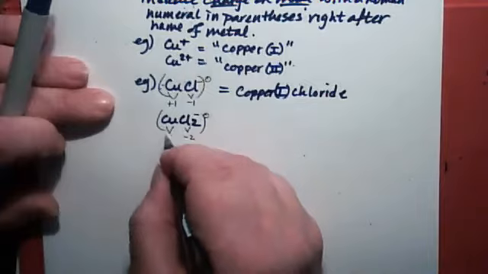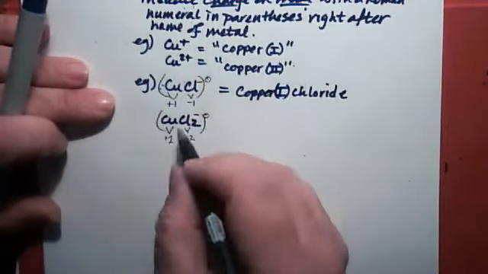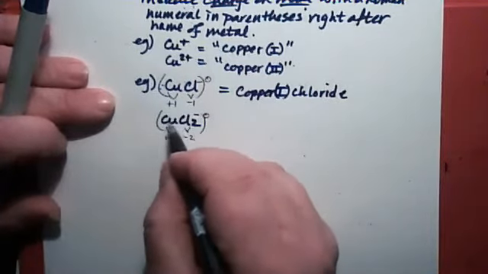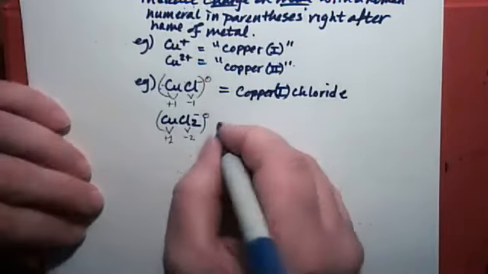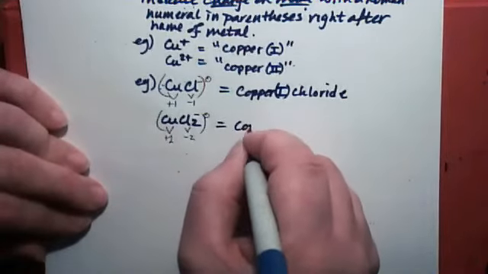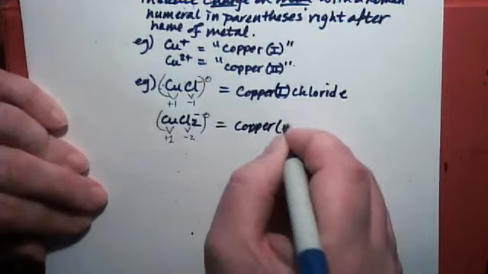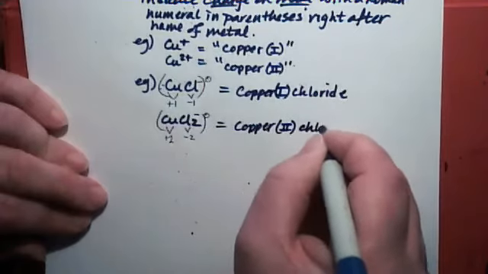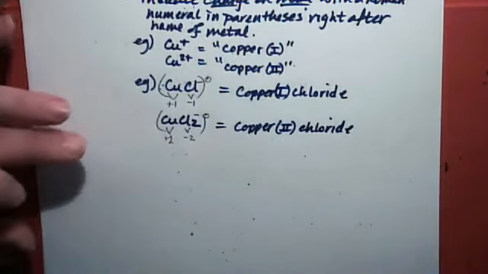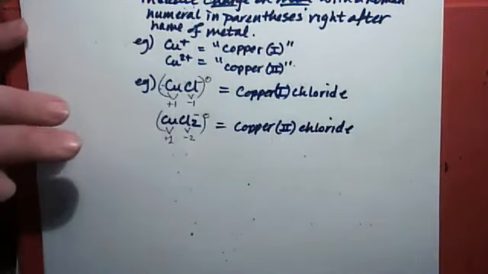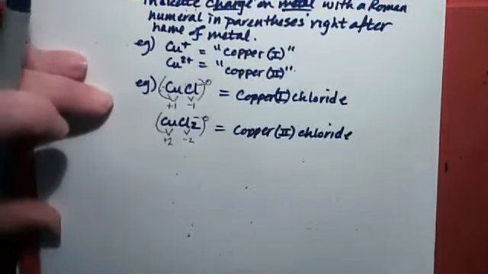That means the copper part of the molecule has to be +2, and in fact, there is only one copper, so that copper has to be +2. So this is copper 2 chloride. Okay, so that's a look at that.